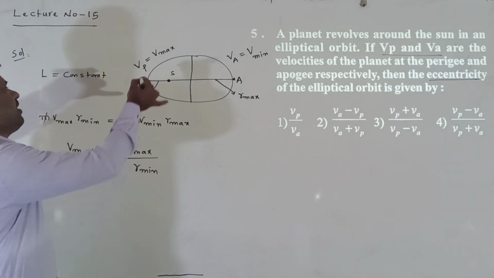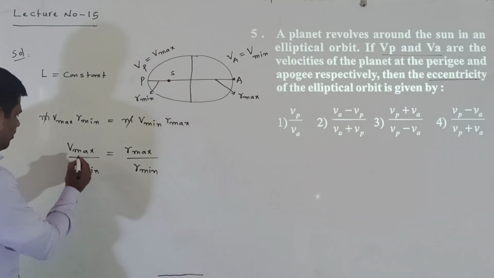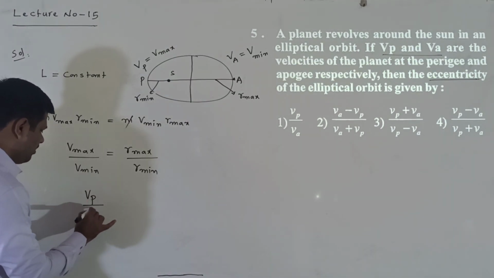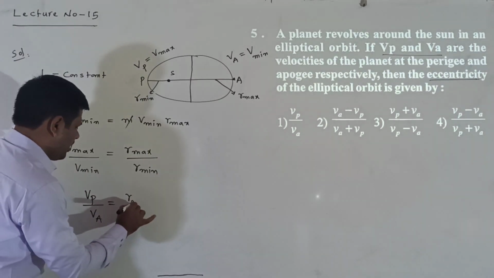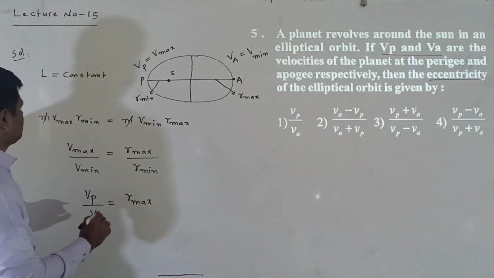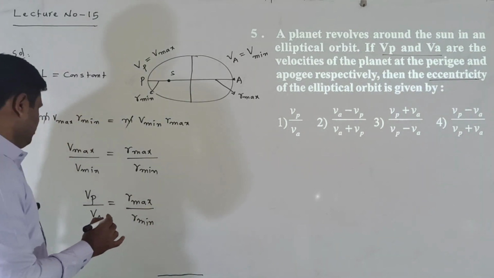We already know that V maximum is equal to Vp and V minimum is equal to Va. So Vp by Va is equal to R maximum by R minimum.